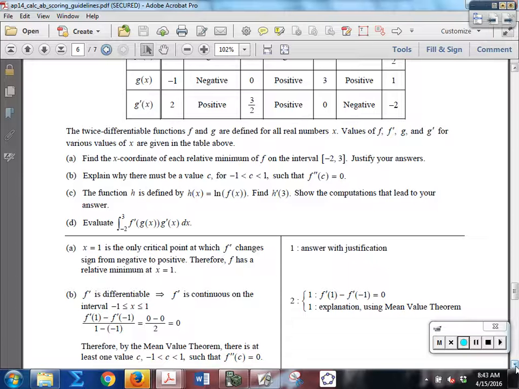So anytime you see differentiable, it'd be nice just to mention that, yeah, it's continuous. So the slope is 0 if you do the slope between -1 and 1 up there. And so by the mean value theorem, that one was the one where you said if it's 0, I'm trying to think of a picture that was 0.